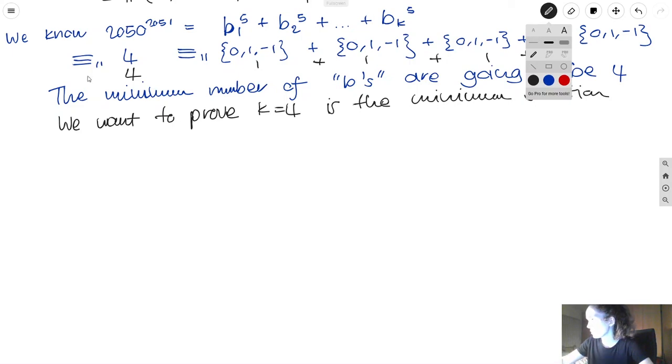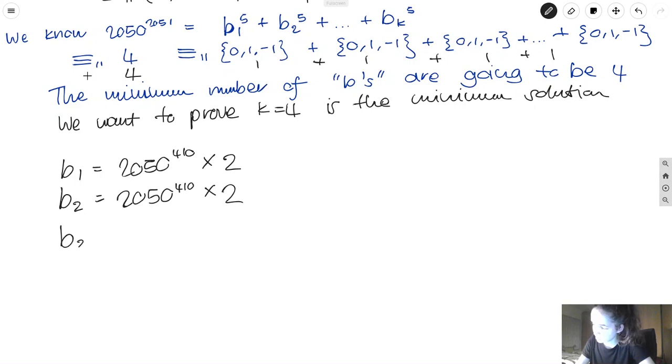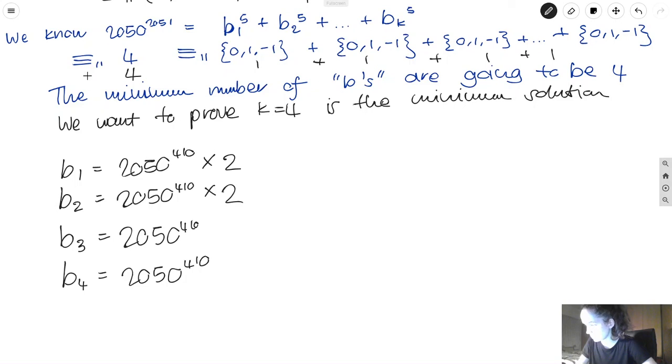There are a few solutions to this if I remember correctly, but the one the memo gives is as follows. b1 equal to 2050 to the power of 401 times 2, b2 equal to 2050 to the power of 401 times 2, b3 equal to 2050 to the power of 401, and b4 equal to 2050 to the power of 401.